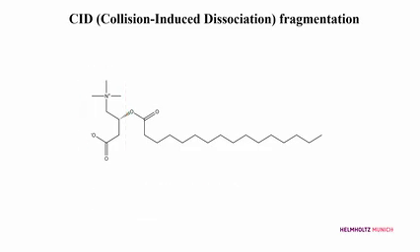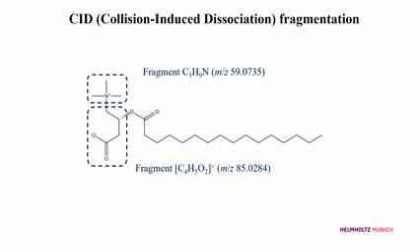Or we can get other fragments from the head. For example, a mass to charge ratio of 85, or the trimethylamine with a mass to charge ratio of 59. But we won't get any information about the acyl chain because it is hardly fragmented if we are using CID.